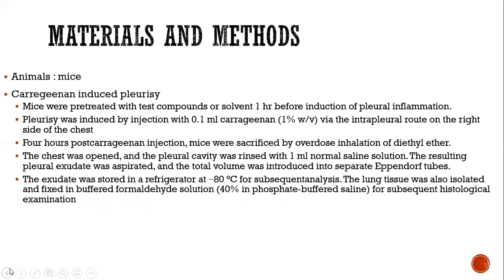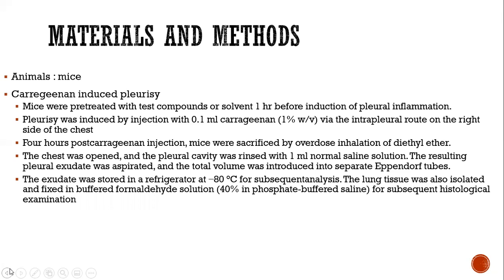Then the pleurisy will be induced by injection of carrageenan via the intrapleural route on the right side of the chest. After 4 hours, the mice will be sacrificed by overdose of inhalation of diethyl ether. The chest cavity will be opened and the pleural cavity will be exposed.